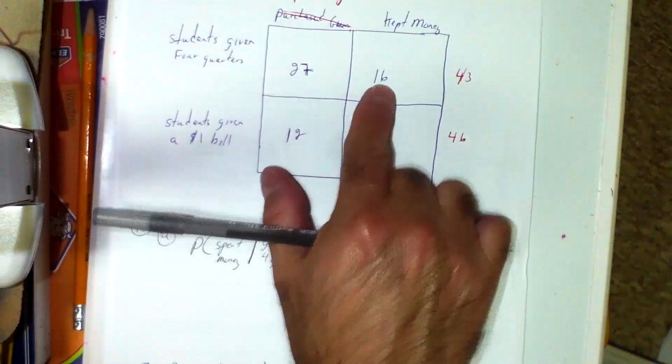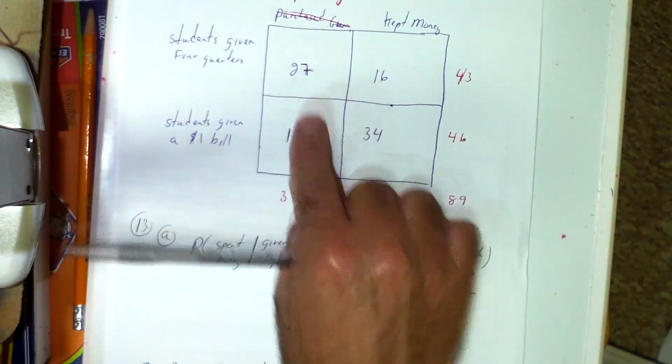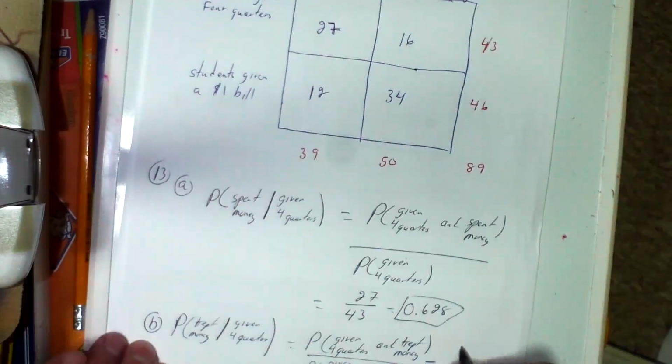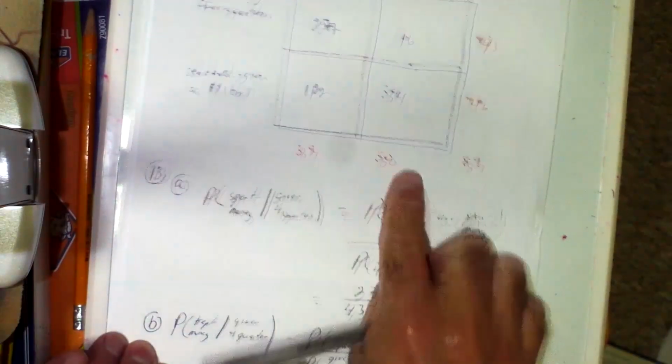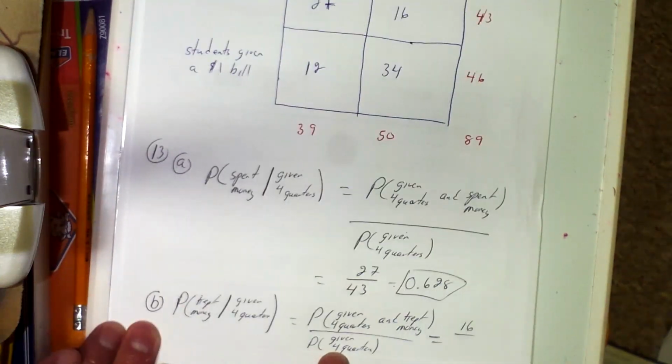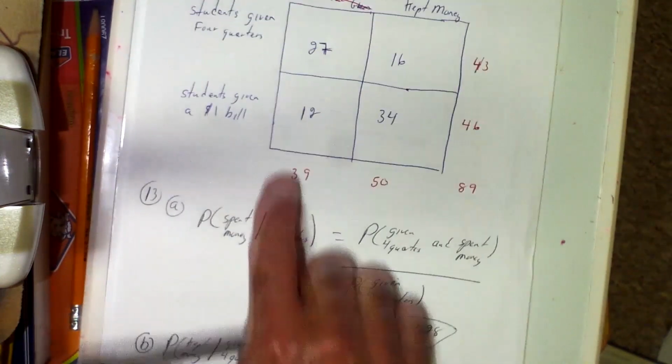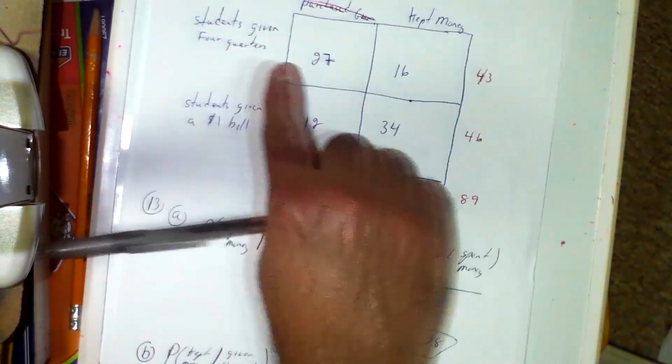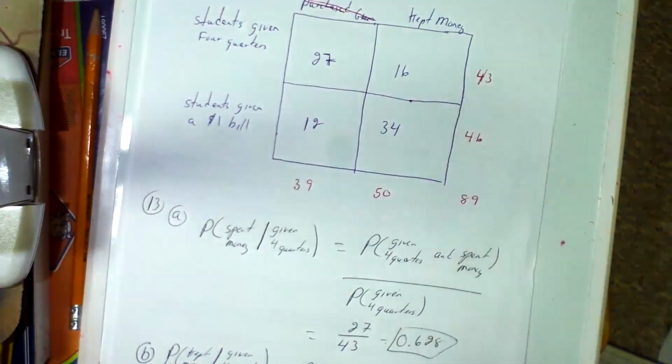There it is, 16. Remember, the top is an inner circle, so 16, inner circle square, divided by the total number of given 4 quarters. There it is. That's a row. That's going to be over 43.